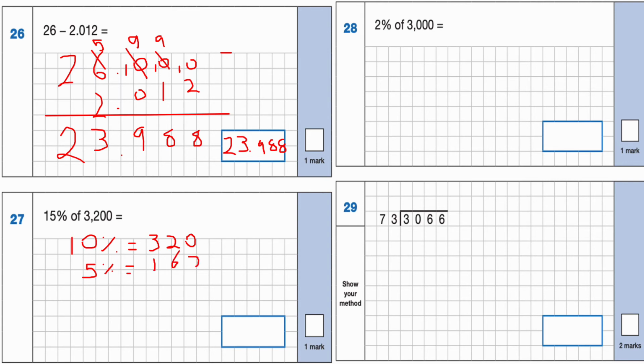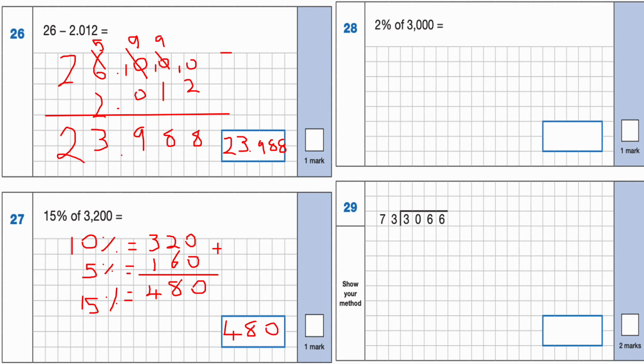Adding these together gives me what 15% is. 0 plus 0 is 0, 2 plus 6 is 8, and 3 plus 1 is 4. And that's equal to 15%. So the answer is 480, guys.